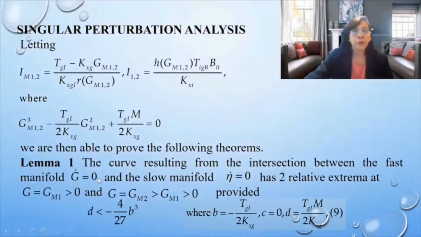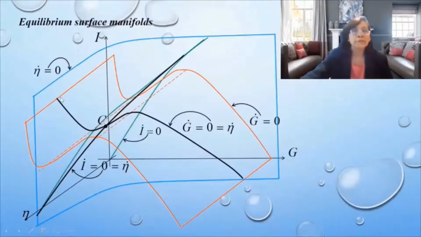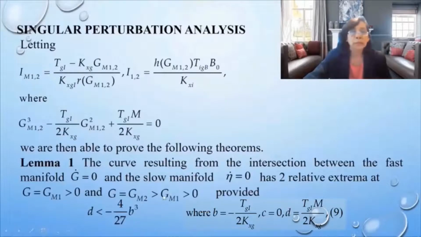prove the following theorem. If this inequality holds, then this curve will have two relative extrema at G sub m1 and G sub m2, which is bigger than G sub m1, both of which are positive.